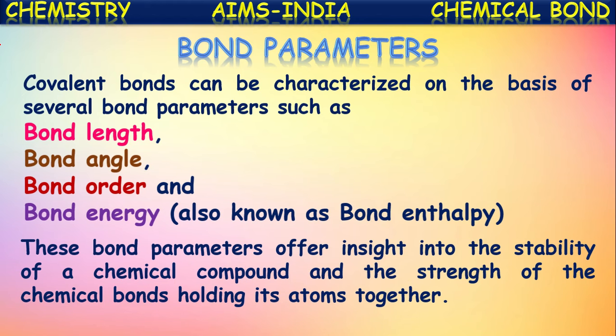These bond parameters offer insight into the stability of a chemical compound and the strength of the chemical bonds holding its atoms together. Even the bond strength can be expected based upon these bond parameters.